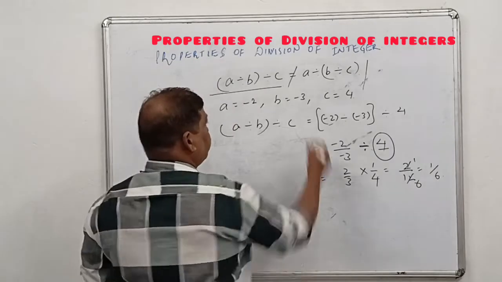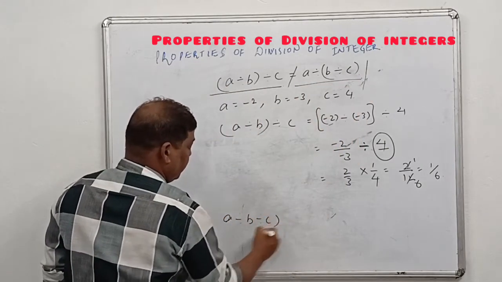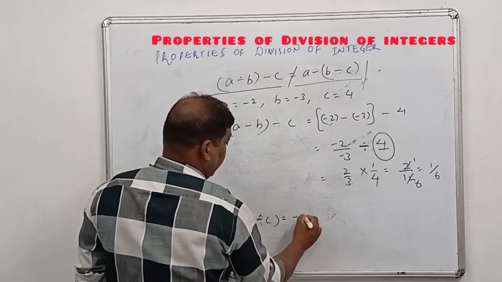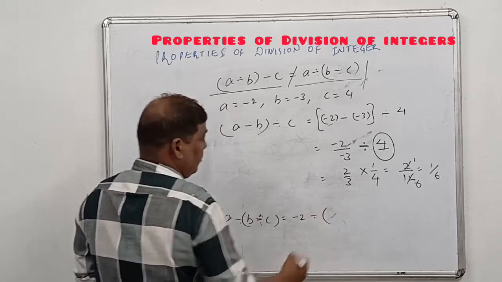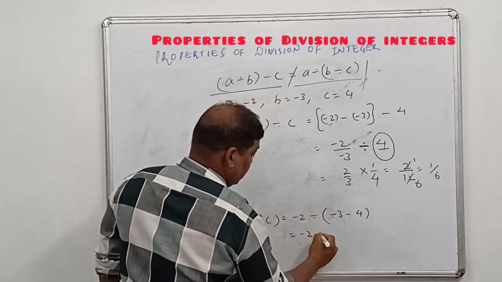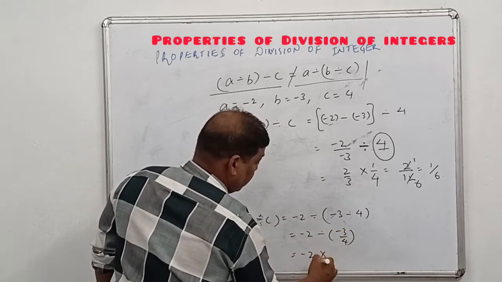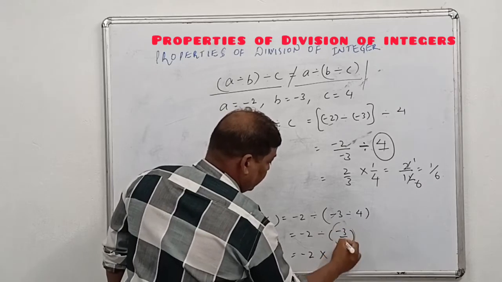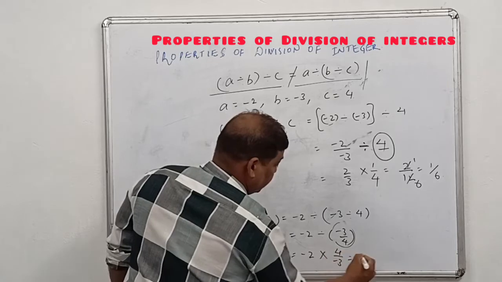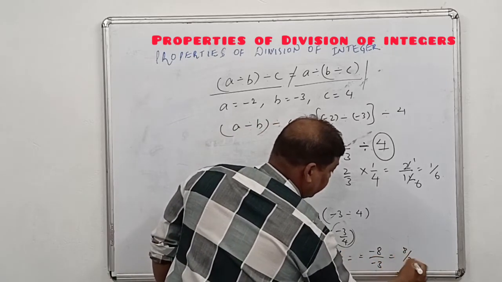Now we will check the second case, a upon (b upon c). You can keep b upon c in one bracket, that is a equal to -2 upon b upon c, that is -3 upon 4, equal to -2 upon -3 by 4. That means -2 multiplied by the reciprocal of -3 by 4, that is 4 by -3. So 2 fours are -8, over -3, that is 8 by 3.